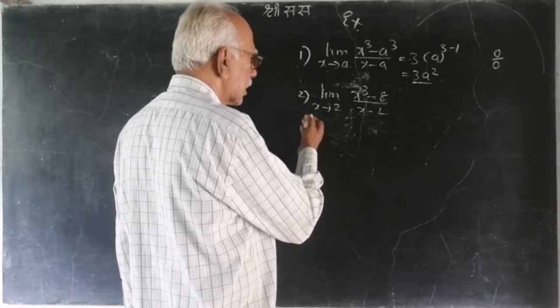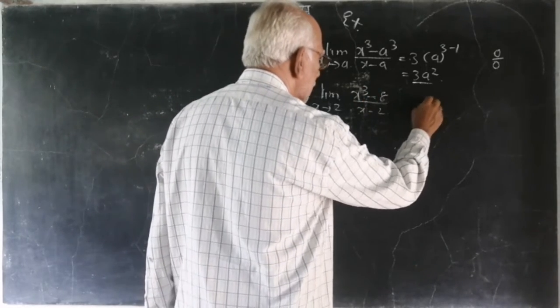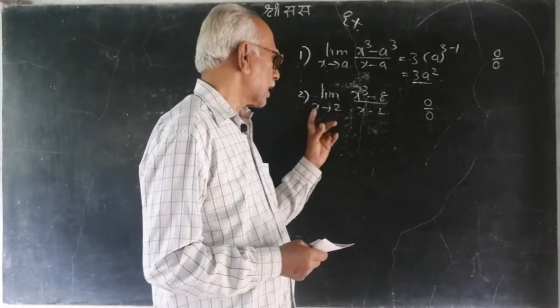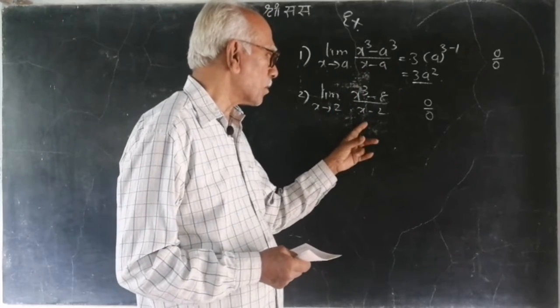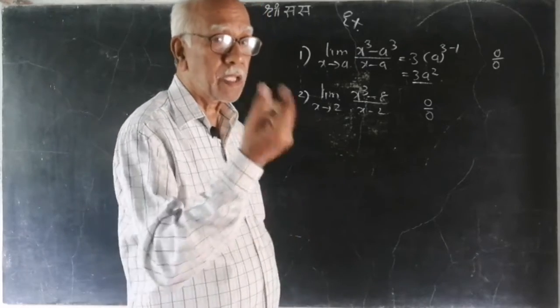It will be the value of the limit, because the function is continuous at that point. Now here, if you put x equal to 2, 8 minus 8 is 0, 2 minus 2 is 0, again it is the form 0 by 0. Here we have x minus 2, x minus a, like that. Can we express it in the form x raised to 3 minus something raised to 3?